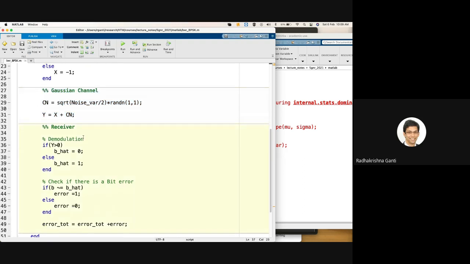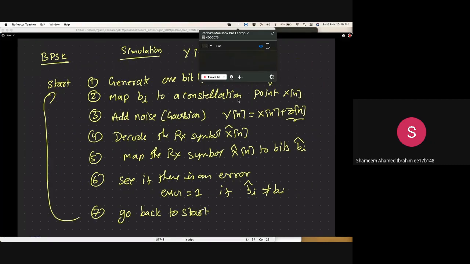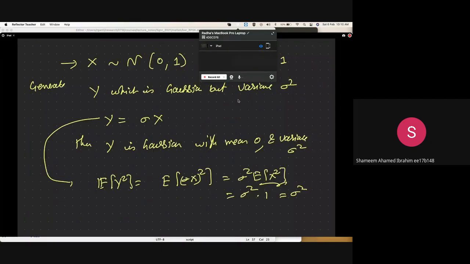Now I'm coming to the receiver. How do I decode my BPSK? BPSK is very simple. Okay, I got my y. When do you declare 1 was transmitted and when you declare -1 was transmitted? Can anyone tell me? Sir, midway, if it is above midway 1, below midway -1. Exactly.